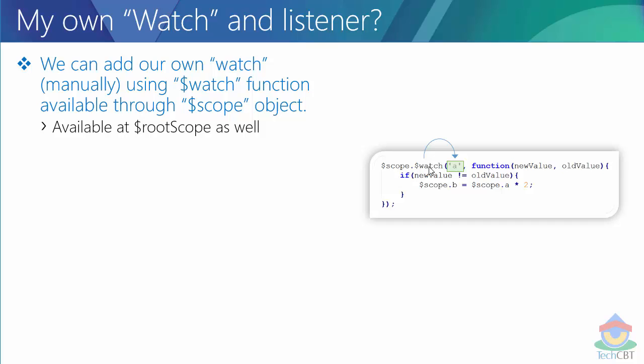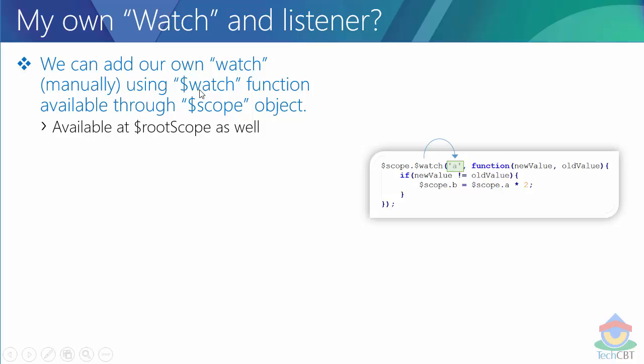So $watch is a method which is available to scope, and you can use $watch in order to have any kind of variable to be provided here. In this case I'm saying A, but you can say C. So if there exists a member variable called scope.c, you can define just C here, and that C is going to be watched.